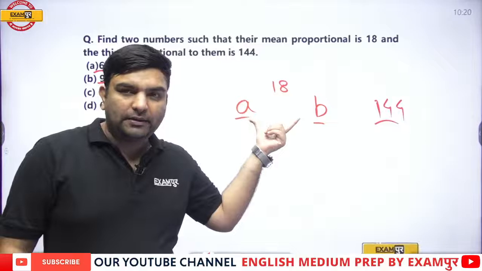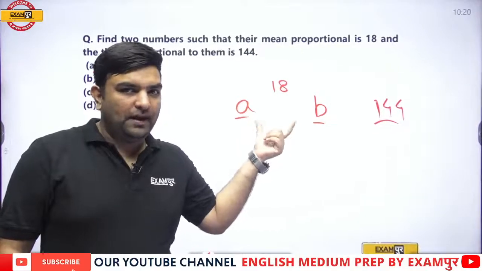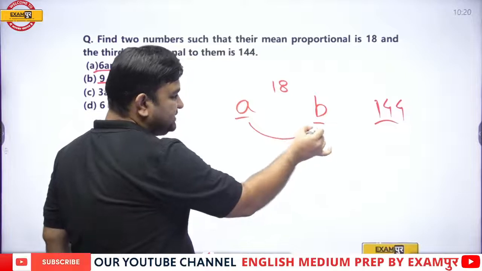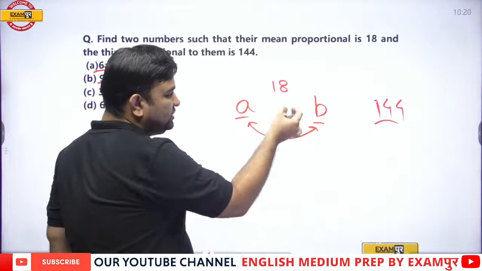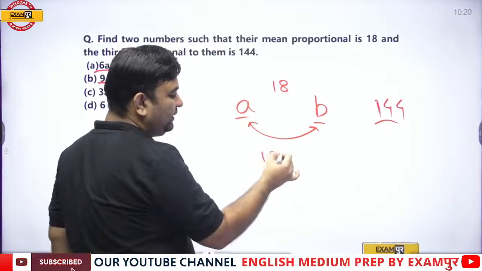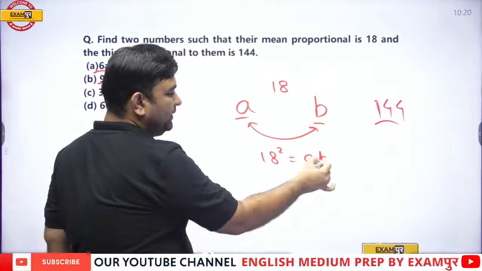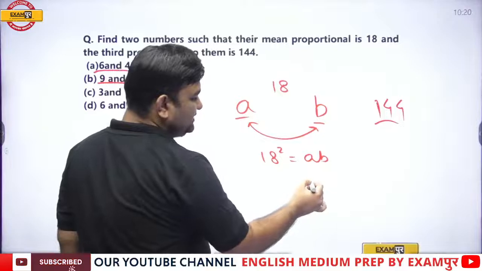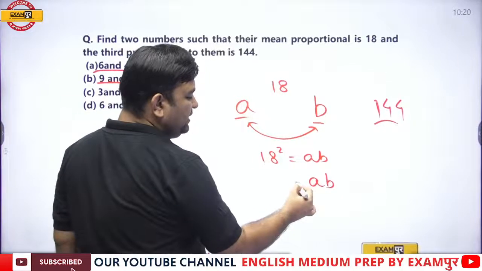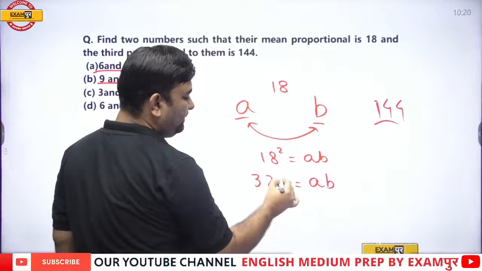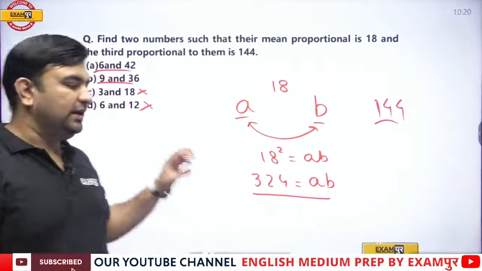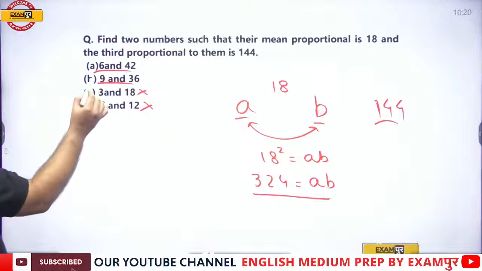Now you can apply the condition that the product of these two numbers is equal to 18 square. A into B should be equal to 18 square, or you can say A into B is going to be 324. Out of the two options remaining, see in which this condition is valid.